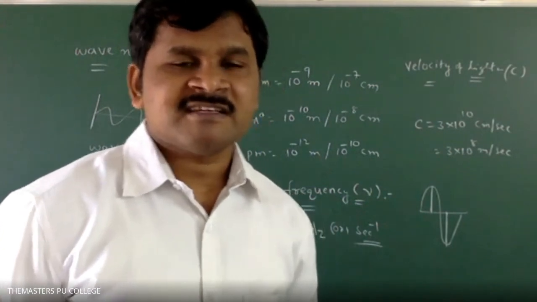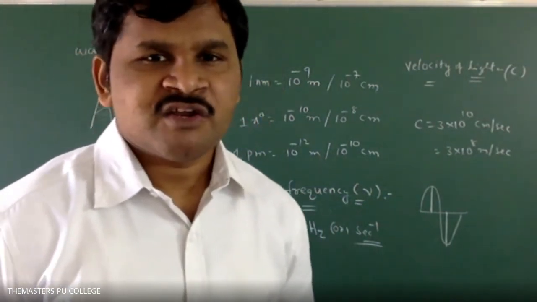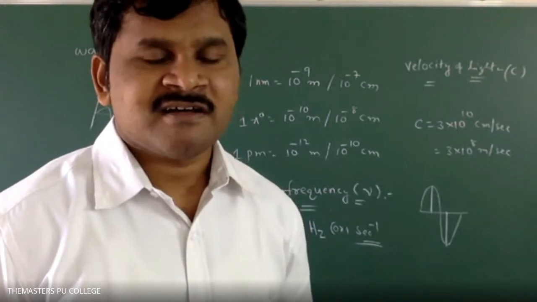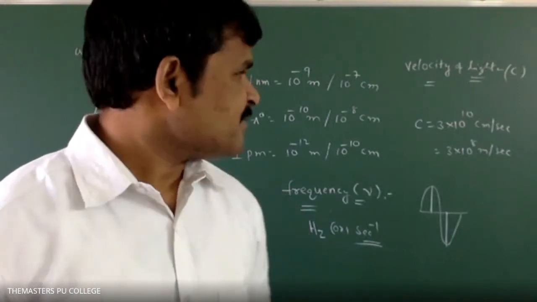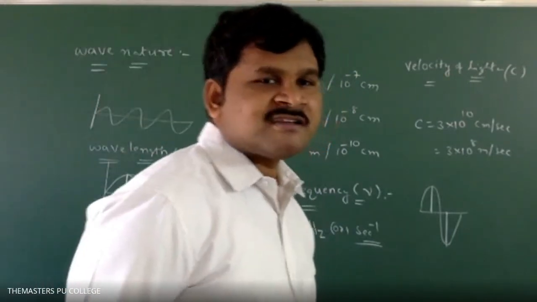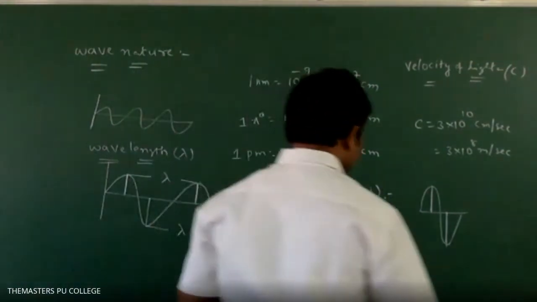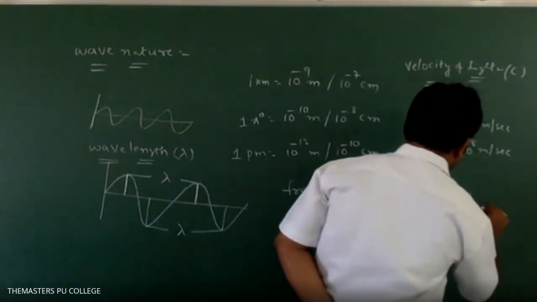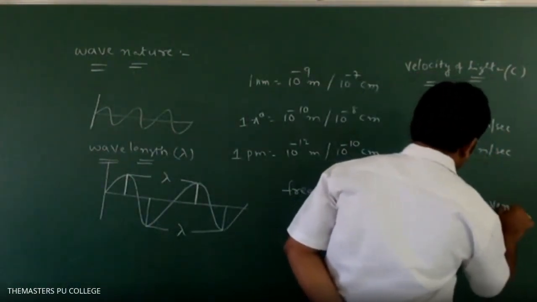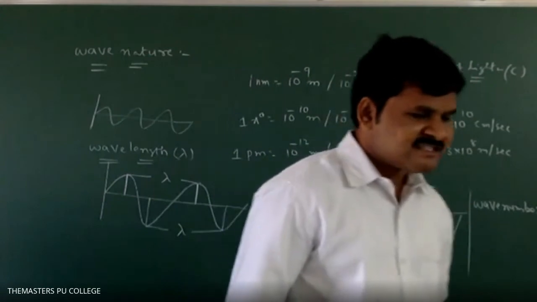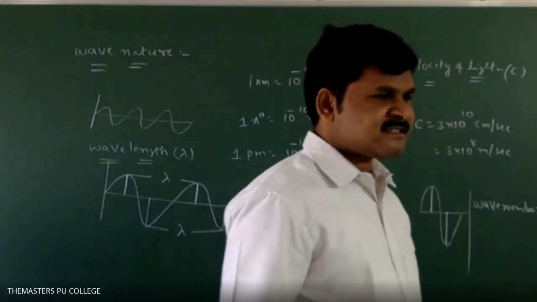Reciprocal of wavelength is called wave number. The symbol for wave number is nu bar. Nu bar is equal to 1 by lambda. Sir, unit for amplitude is meters or centimeters, sir? Height units, meters.